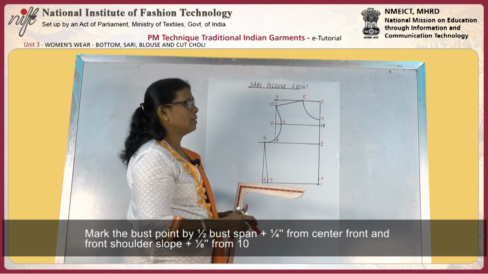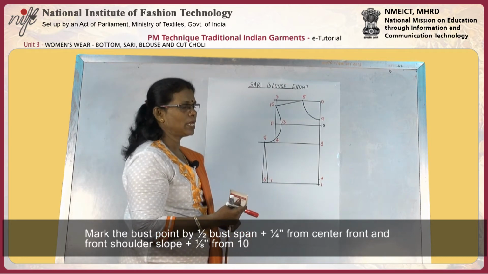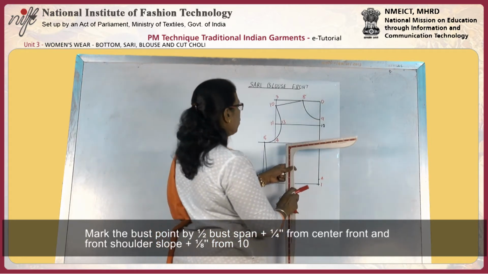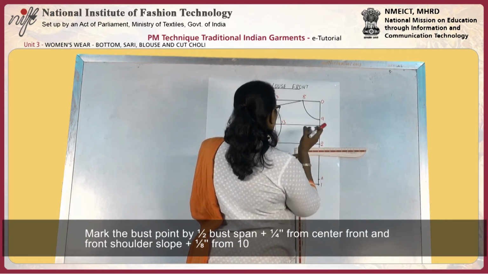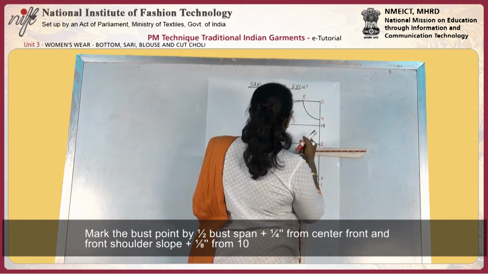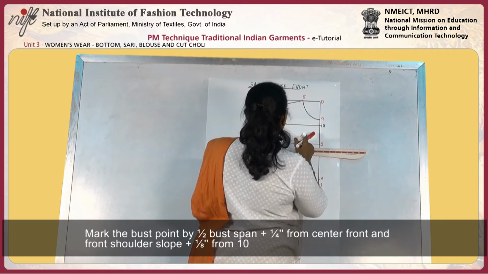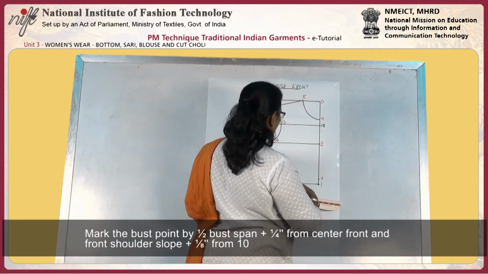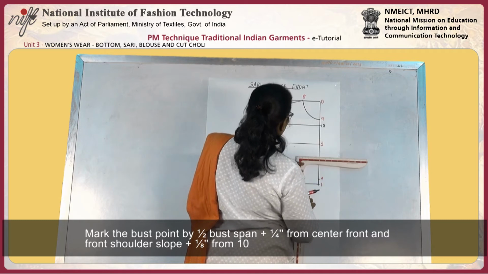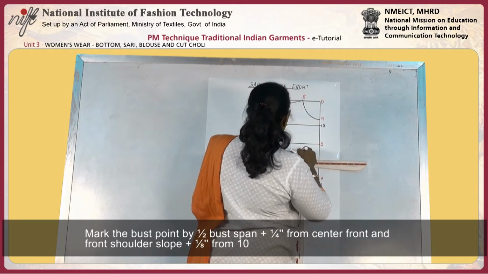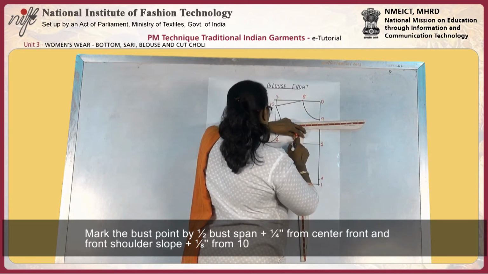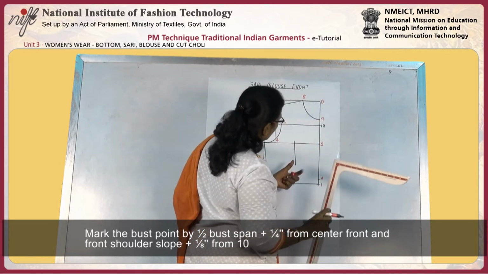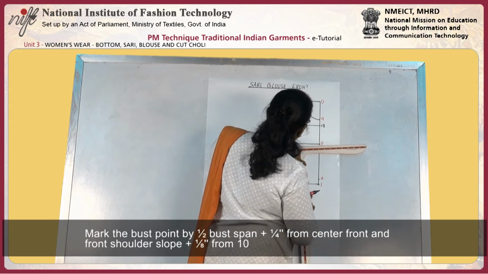Bust span is 7.5 inch, half of the bust span is 3 3/4 plus quarter inch should be added, and mark a point for 4 inches and draw a parallel line. This is the bust span level.